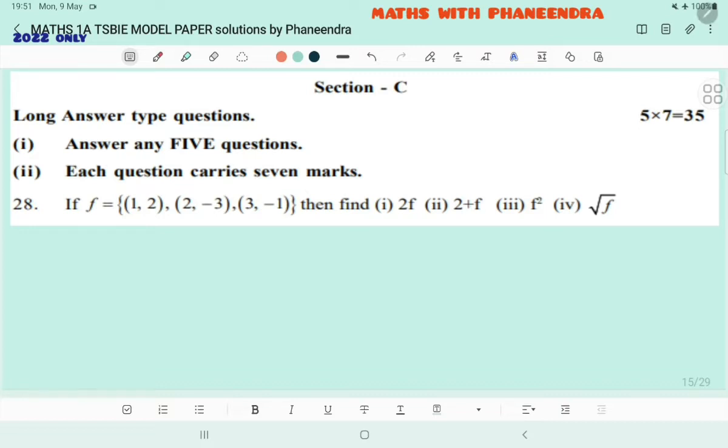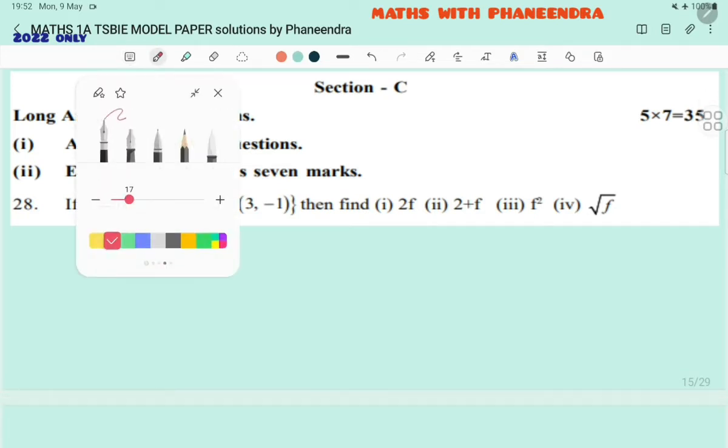The first question: if f equal to {(1, 2), (2, -3), (3, -1)}, then find 2f, 2 + f, f square and root f. These types of questions are very important.